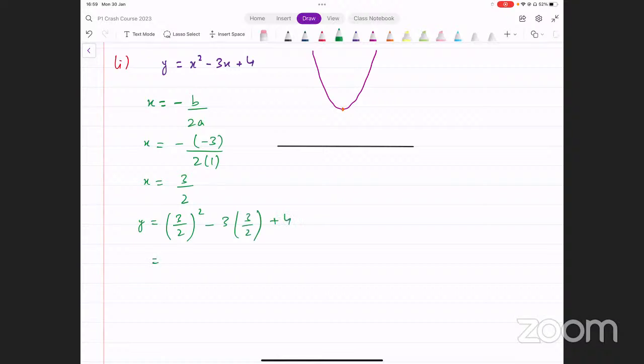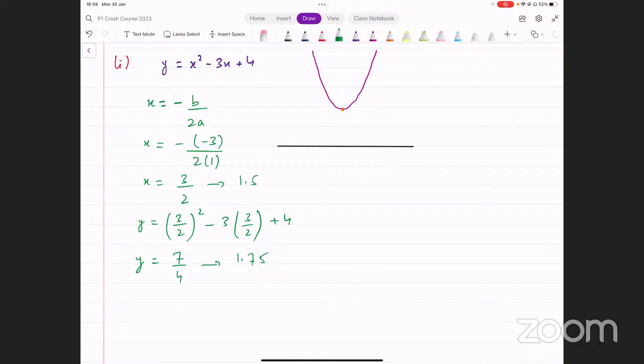Now you evaluate this on your calculator and see what you get. This is giving me 7 over 4. So the x coordinate was 1.5, and this is 1.75.